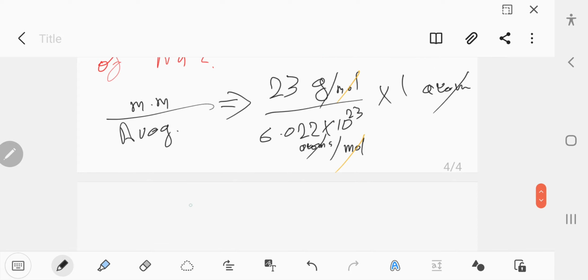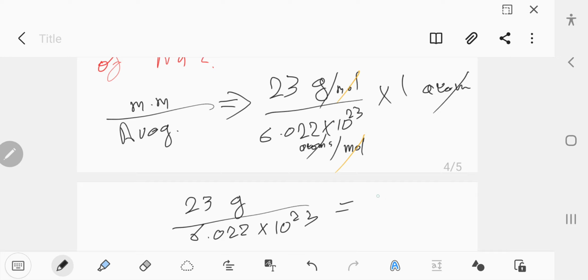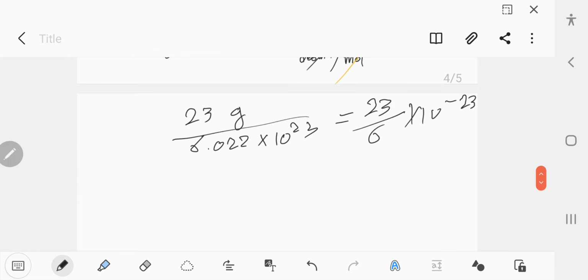So the answer will be 23 gram over 6.022 times 10 to the power 23, which is almost 3.9 times 10 to the power minus 23, almost 3.9 or 3.8.